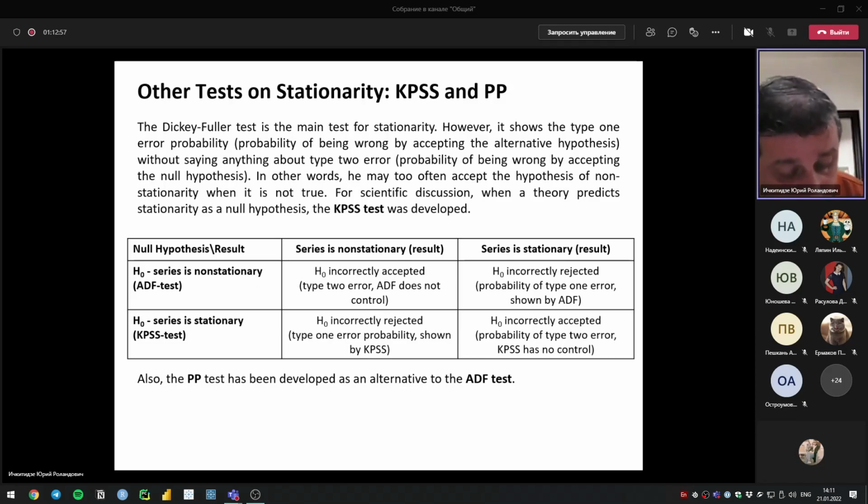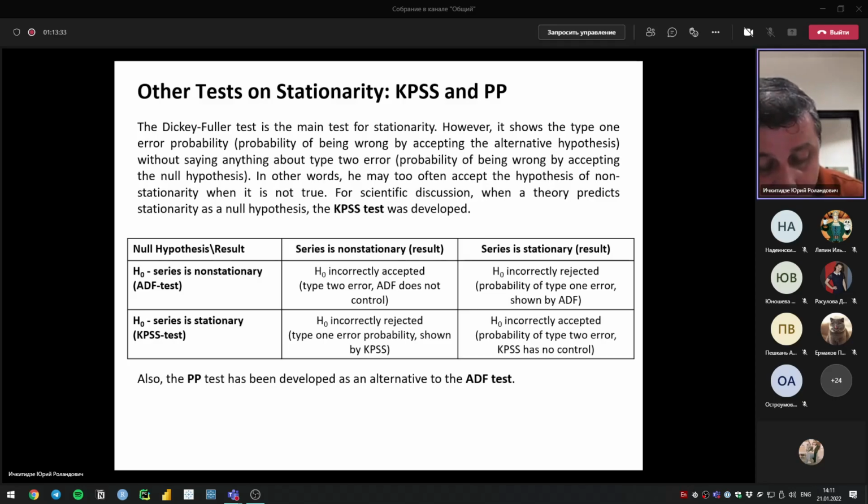But the KPSS test has some features. And the fact is that the KPSS test is designed in the opposite direction. That is, our Dickey-Fuller test considers the null hypothesis that the series is not stationary, there is a unit root, and it controls the probability of the first type error, that H0 is incorrectly rejected. But the KPSS test was developed in the opposite direction.